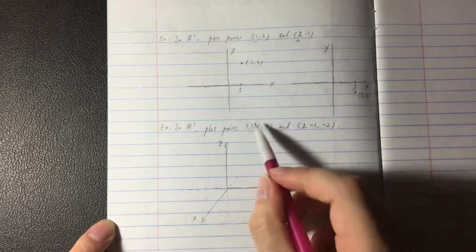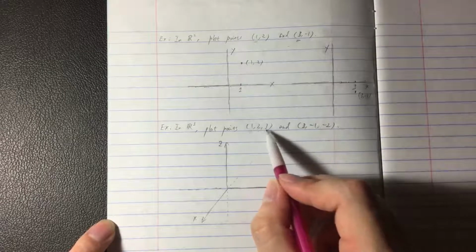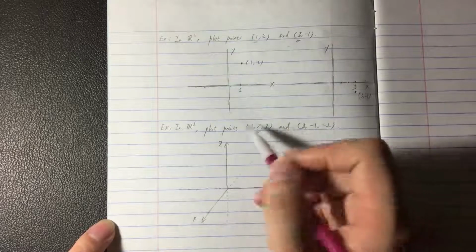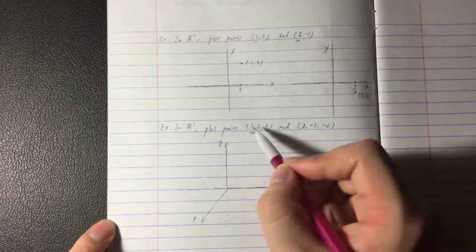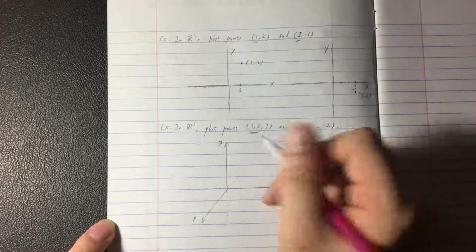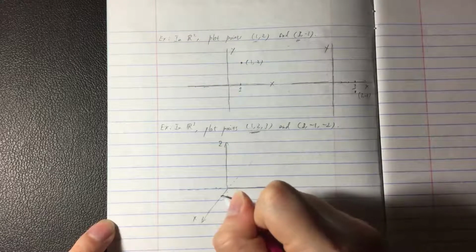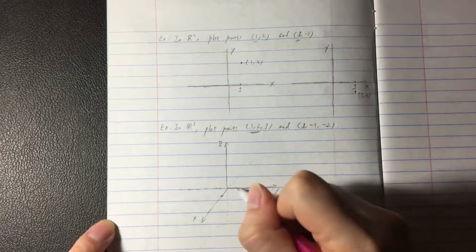Now let's plot the first point, (1, 2, 3). We usually plot (1, 2) in the xy plane first. The x coordinate is 1. The y coordinate is 2.